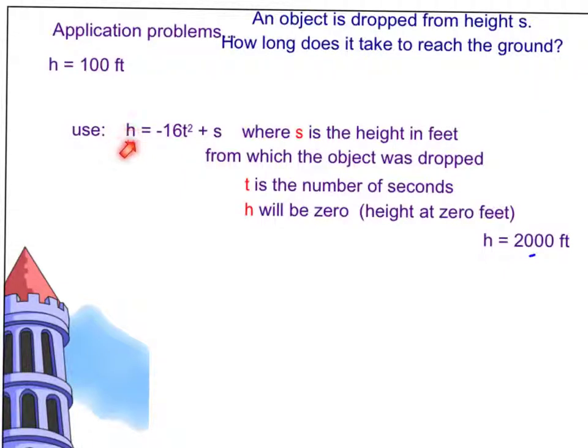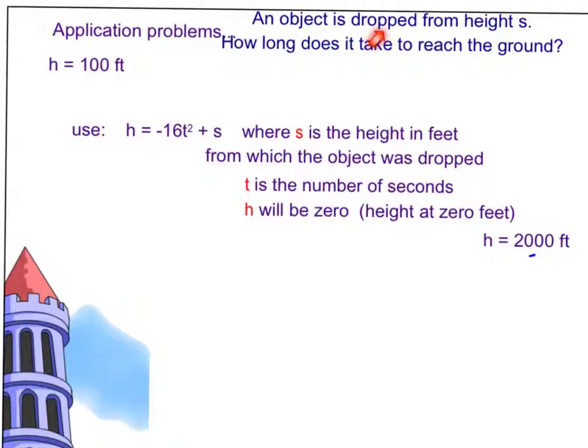So h is going to be the ending height, where you want it to end up, s is the beginning height, where it started, and t is the time in seconds. That negative 16 is part of the formula. I did not come up with this formula, but this is the formula that is used to find how long it takes to reach the ground if it is dropped. Not thrown, dropped. So you just plug in your numbers.